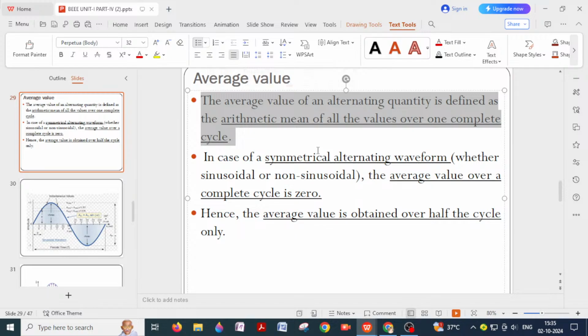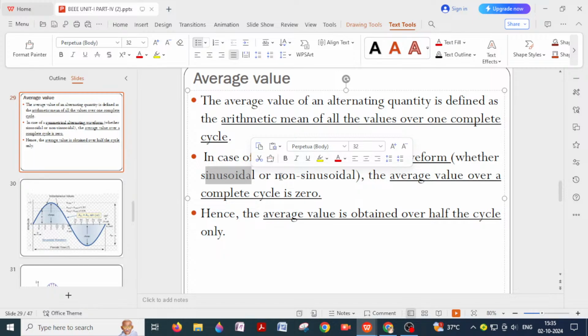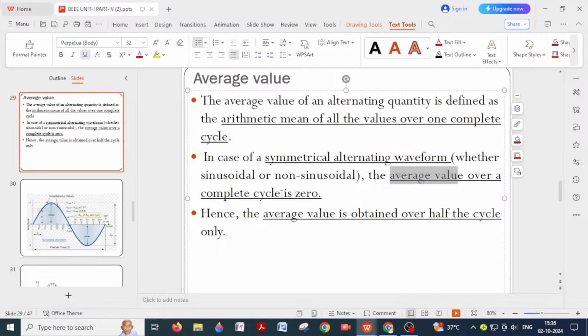One more thing we must keep in mind is that since an alternating waveform is symmetrical in nature, whether it is a sine waveform, sawtooth, square or triangular waveform, the average value of one complete cycle, consisting of one positive half cycle and one negative half cycle, will always be equal to 0 because of symmetry.